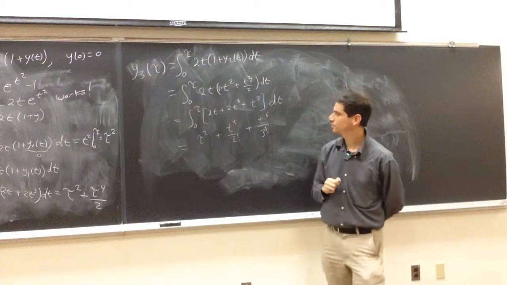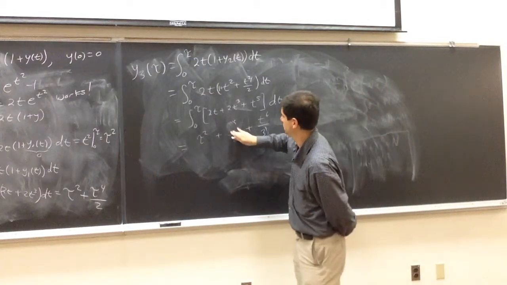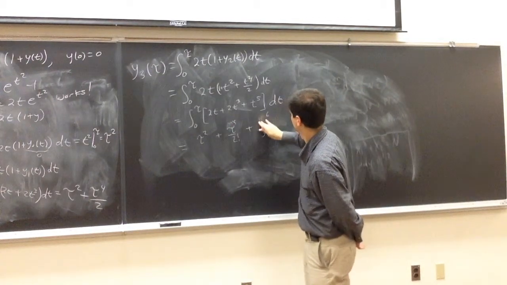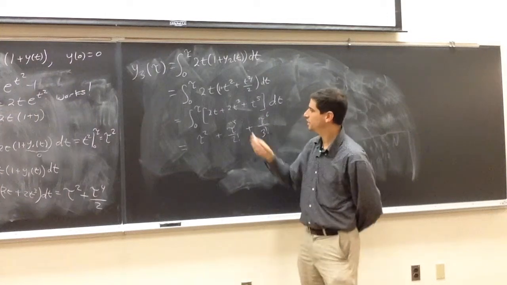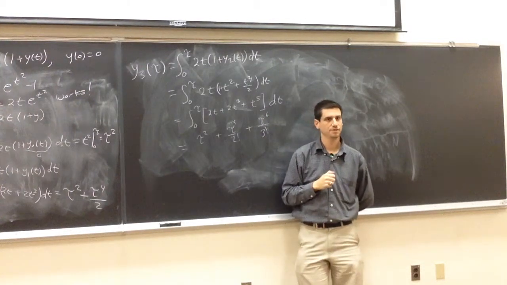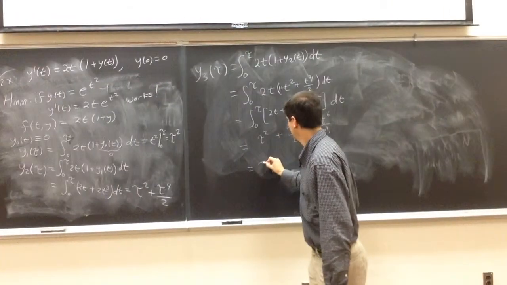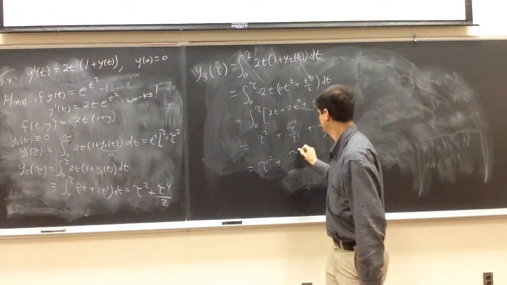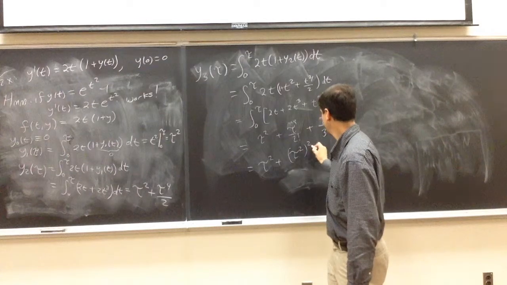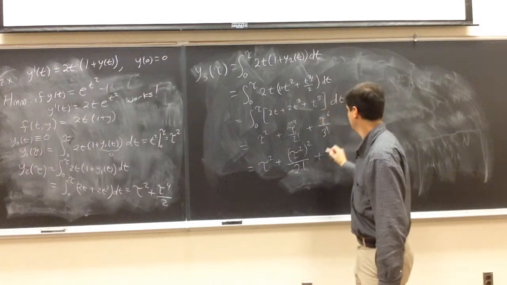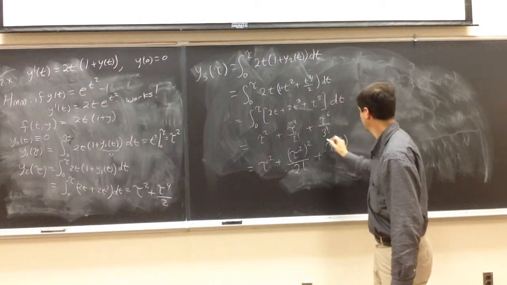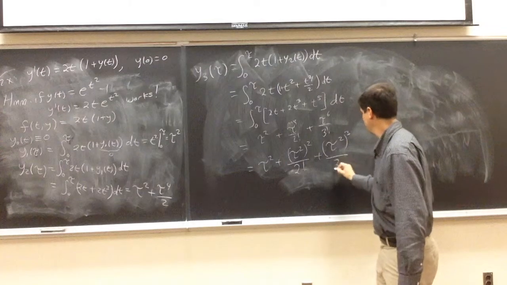How should I view t to the 4th? Oh, I'm sorry, these are taus, not t's. How should I view tau to the 4th? Tau squared squared. So this is tau squared plus tau squared squared over 2 factorial plus tau squared cubed over 3 factorial.